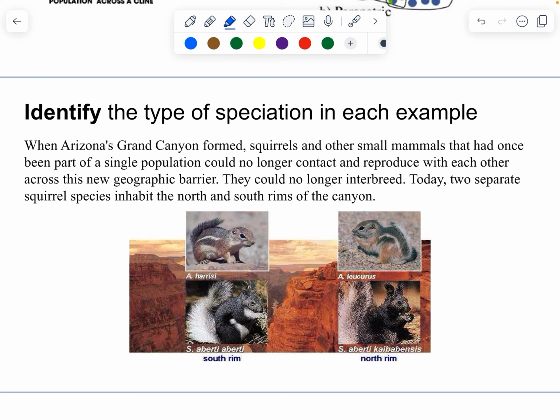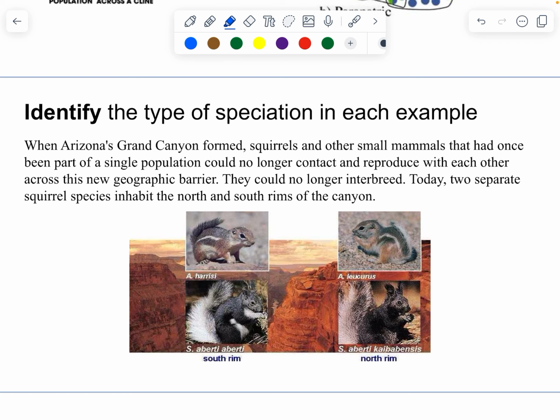So obviously Grand Canyon, for those of you who've been to Grand Canyon, these are really large immense structures. Okay, so the formation of Grand Canyon separated the original squirrel population into 4 distinct regions. As a result, they were not able to cross the borders.